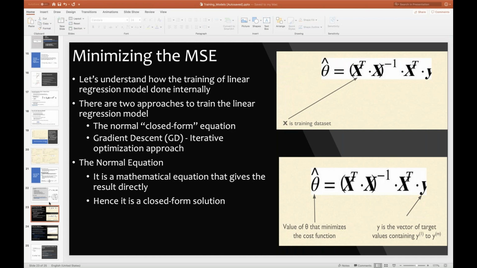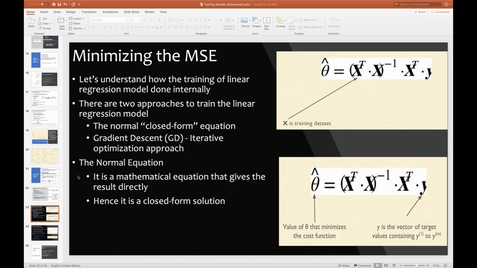There are two approaches to train the linear regression model. The first one is the closed form equation, and the second one is the gradient descent iterative optimization approach. The normal equation is nothing but the closed form equation, a mathematical equation which gives the results directly. That is the reason why it is called closed form.